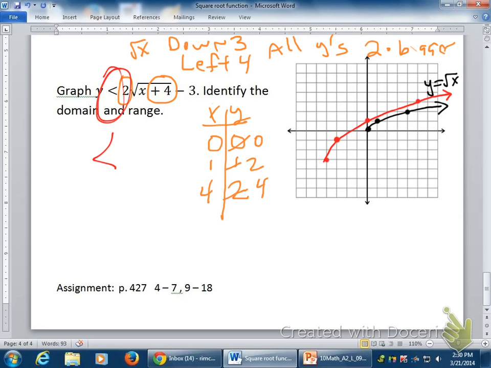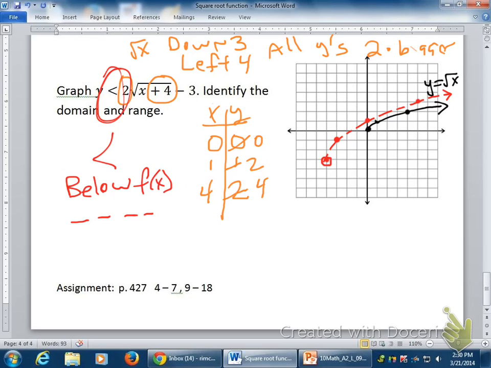Remember, this is going to be below my function. And also, it's actually a dotted line, isn't it? So I really need to go back to my graph. I should have done a dotted line instead. So I'm going to try to make that a dotted line, because those really don't count, do they? Including this endpoint is really an open circle.